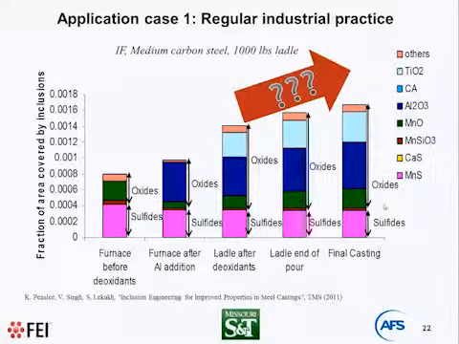This was important: nothing happened with sulfur. It's the same because in induction furnace melting practice there is no sulfur change, but there is a significant change in number and chemistry of oxides. Of course, after aluminum treatment, we have the blue area, which is aluminum oxide.